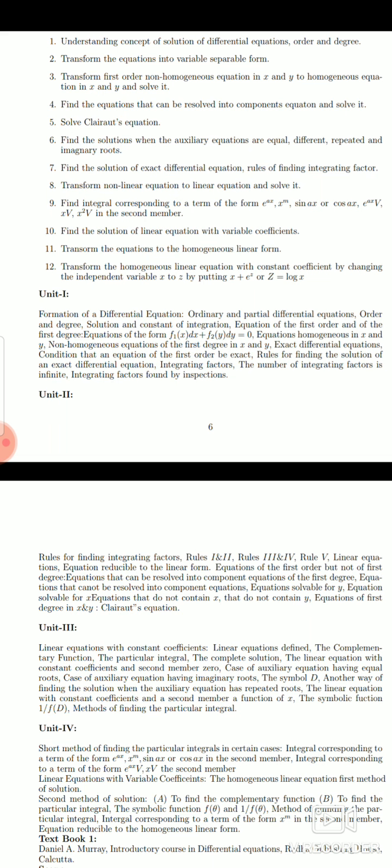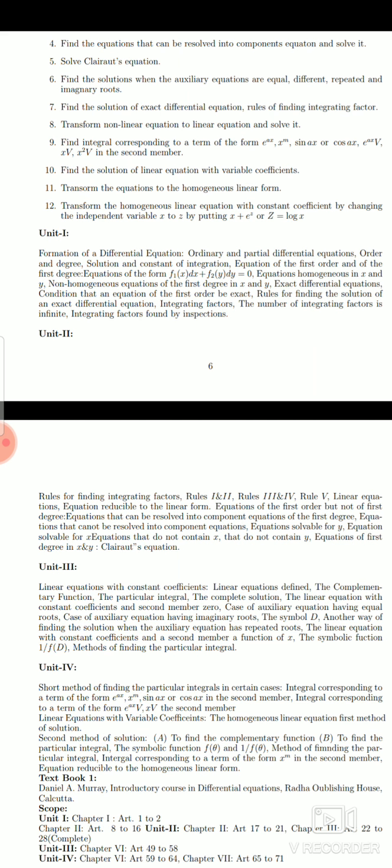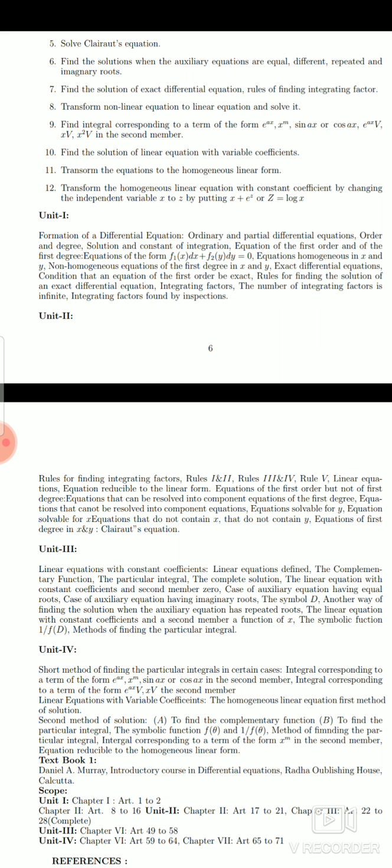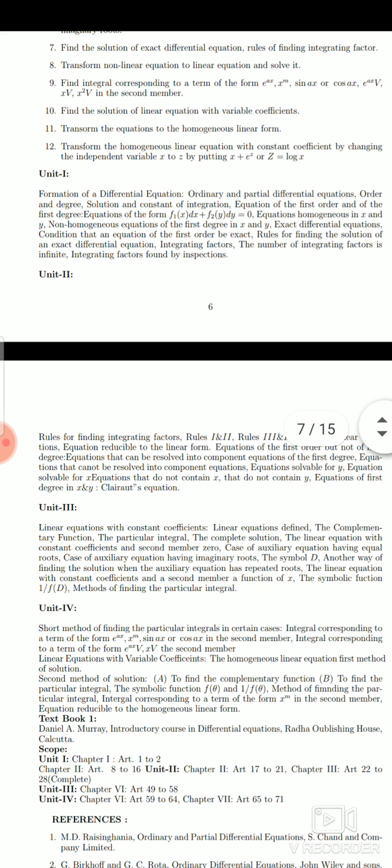First content is formation of the differential equation, that means ordinary or partial differential equation, definitions of order and degree, solution and constant of integration, equation of the first order and of the first degree, equation of the form f1 of x dx plus f2 of x y dy is equal to 0, equation homogeneous in x and y, non-homogeneous equation of the first degree in x and y, and exact differential equations, condition that an equation of the first order be exact, rule for finding the solution of an exact differential equation, integrating factors, the number of the integrating factors is infinite, and last, integrating factor found by inspection.